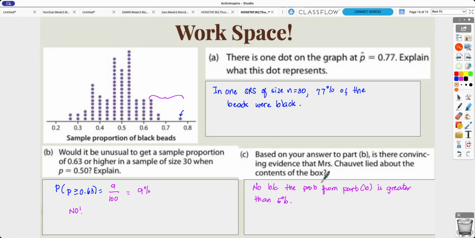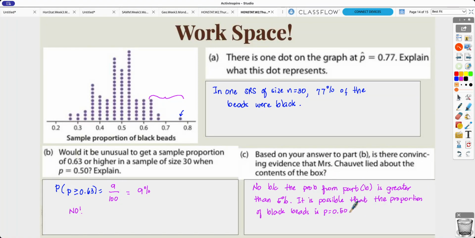So that means it is possible, plausible that the proportion of black beads is P equals 0.50, as Mrs. Chauvet claimed.